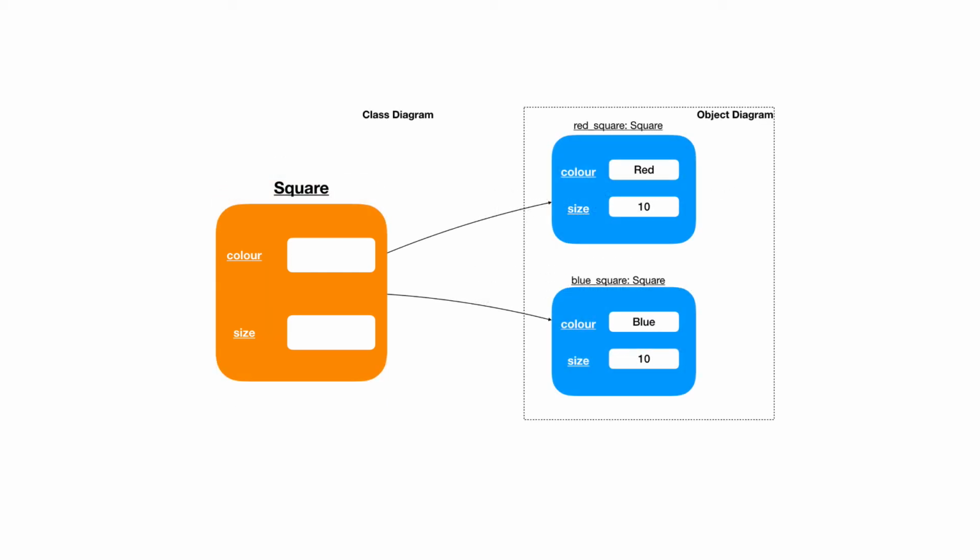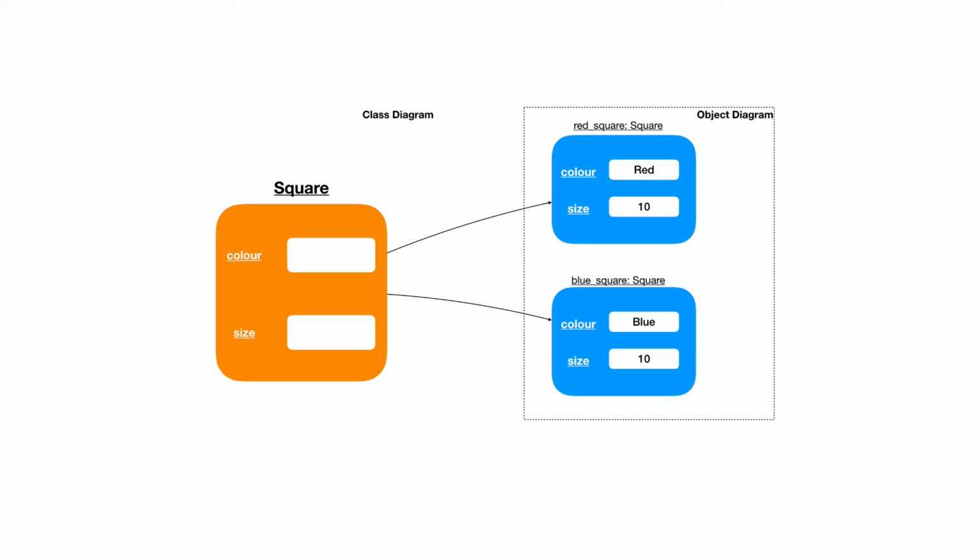What we have now is a class diagram and object diagrams. So we can see that a square has a number of attributes, and objects have the same attributes, but their values are different. They are unique to every object instance.